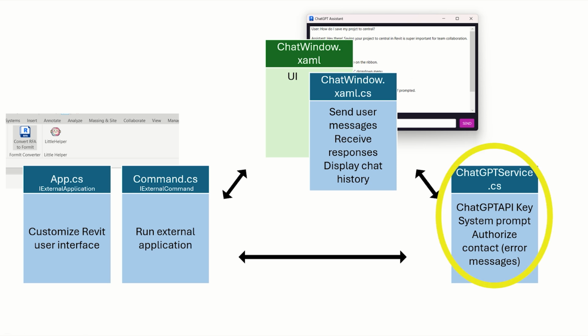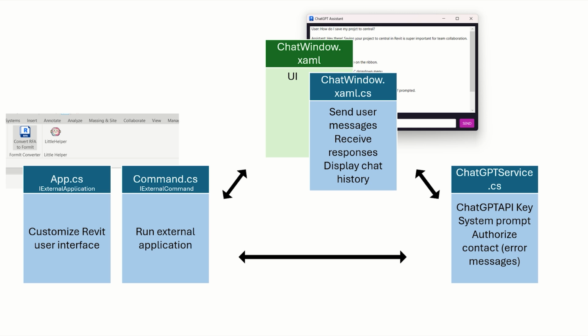And then the 4th class here is the ChatGPT service class. That one establishes your connection to the actual OpenAI server. So it contains your ChatGPT API key. So that's what I mentioned before. That's like your personal credential for the OpenAI API. And then it also contains the system prompt, which is an important part.